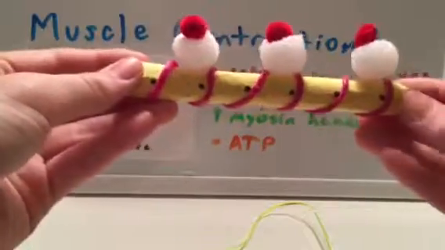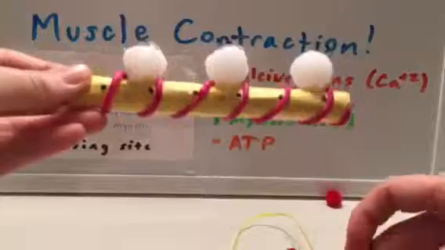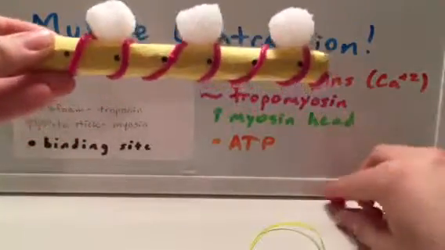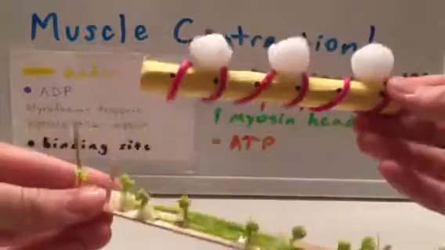So once the binding sites are exposed and there's ATP, the myosin heads can bind to the binding sites.